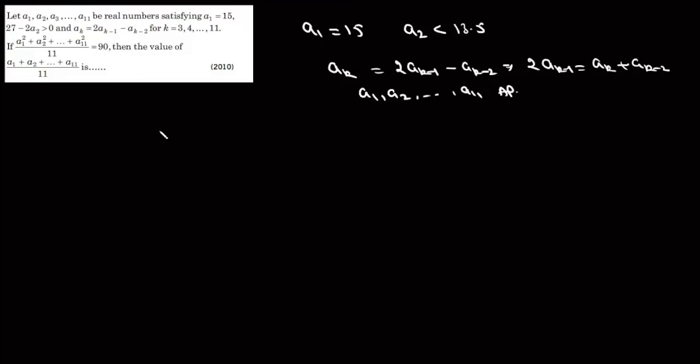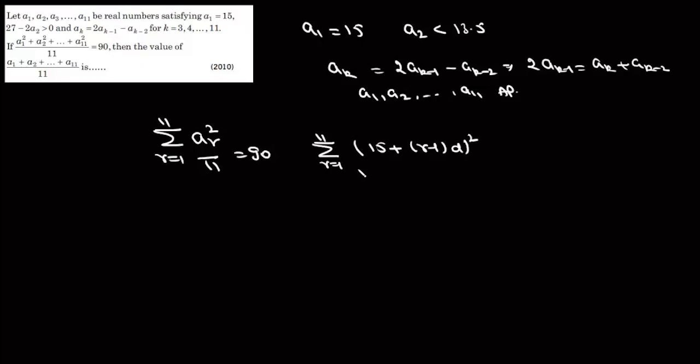Now it says if this summation of AR square, where R varies from 1 to 11, divided by 11, is 90, then find the value of summation AR by 11. Now we know that the term of an AP is A, which is 15, plus (R minus 1) times D, and D we do not know.